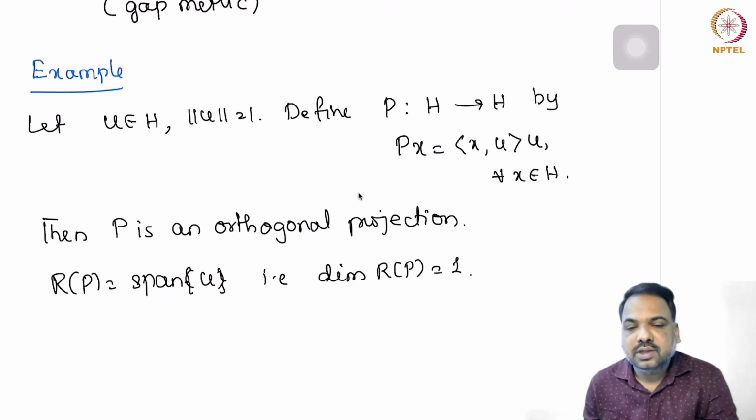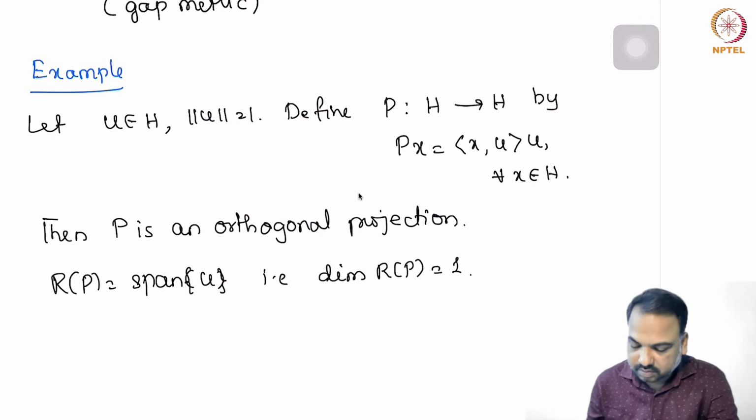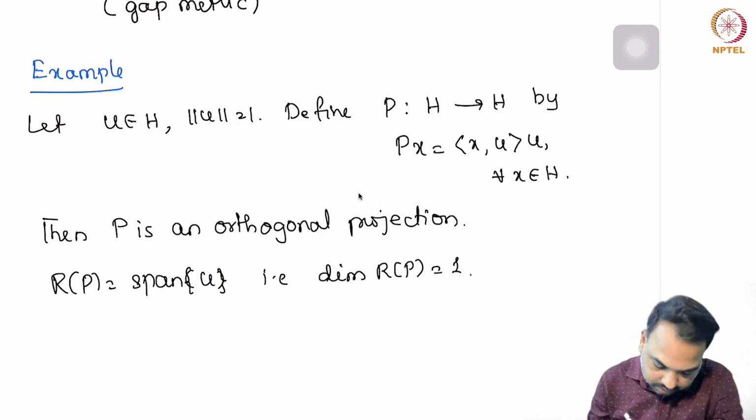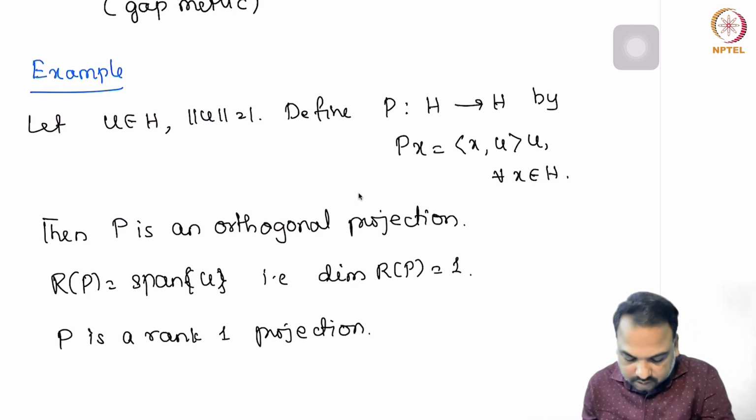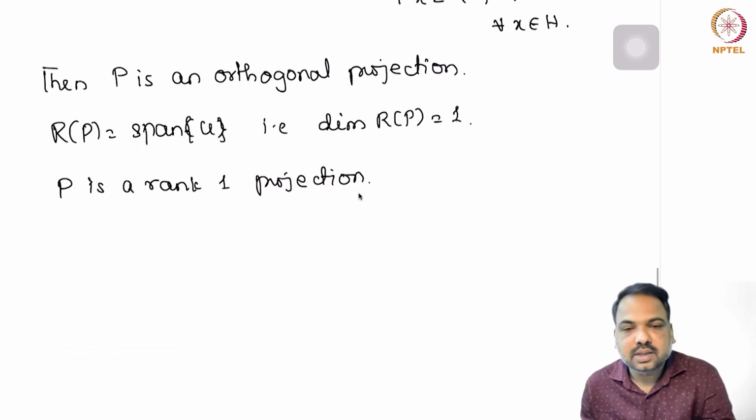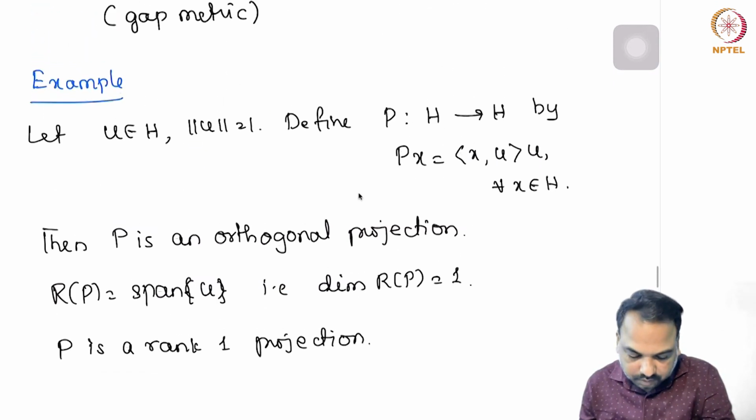The dimension of range of P is known as the rank of the operator. So here this P is a rank 1 projection. We will discuss rank 1 projections at a later stage. Okay.